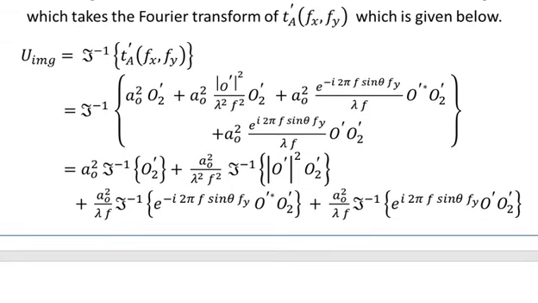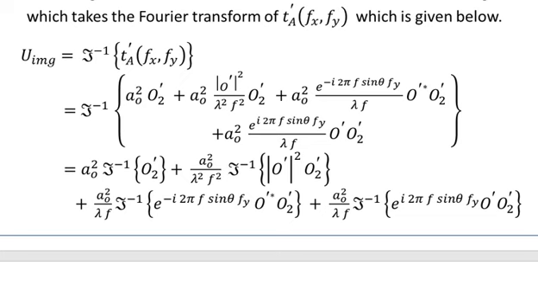So you can notice the position of the inverse operator operating on O2 prime in the first term, then operating on the O2 mod square of O prime multiplied by O2 prime in the curly brackets, and then the inverse Fourier operator is operating on the curly bracket in the third term, which includes e to the power minus iota 2 pi f sine theta into y, multiplied by the two more terms, that is O prime conjugate and O2 prime.